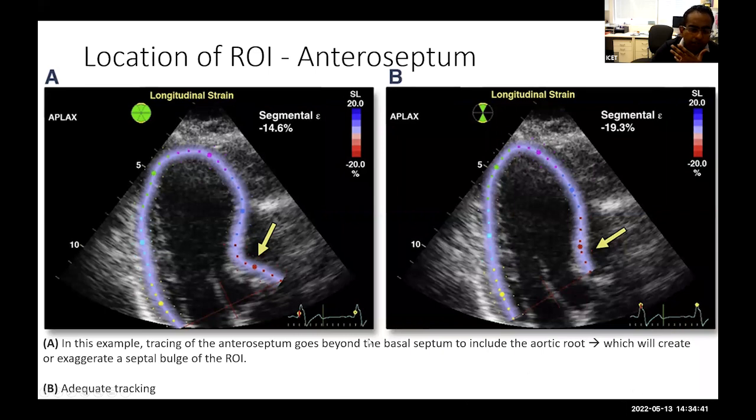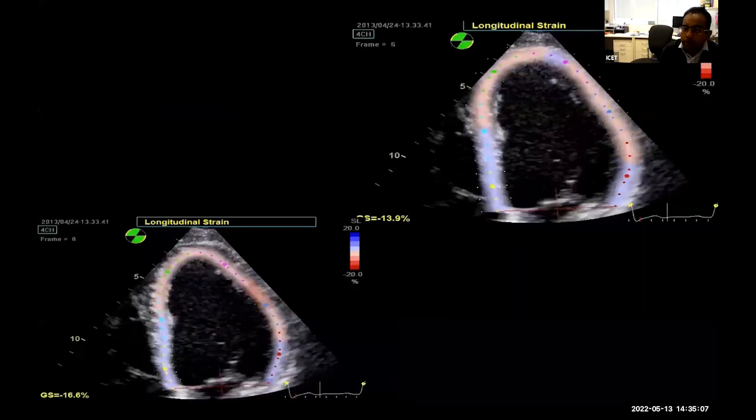Similar to before, this creates an exaggerated septal bulge or region of interest, and sometimes that can artificially reduce your strain. If you use the correct region of interest, you'll get a more reflective measurement of your strain. Okay, hope that makes sense so far.